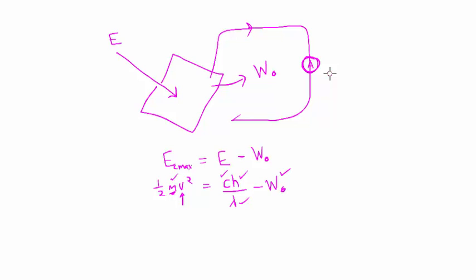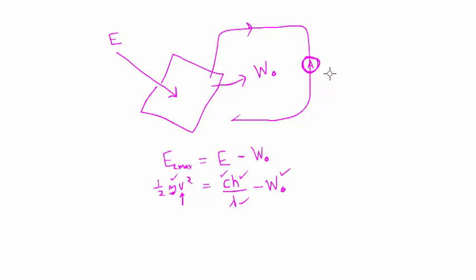It doesn't matter how fast one of the electrons goes. That's not going to affect the current because it's just one electron. What does affect the current is the number of electrons being ejected every second.